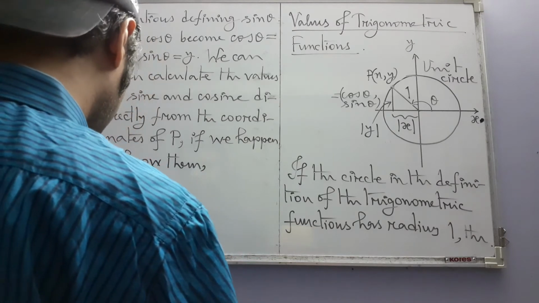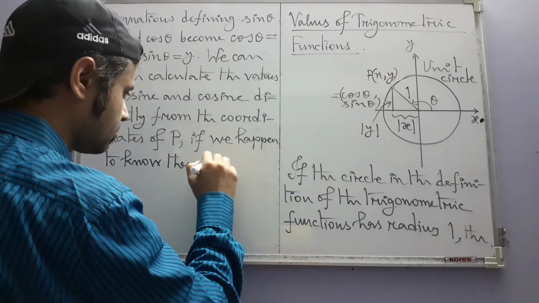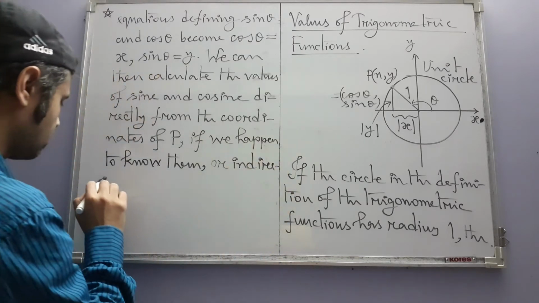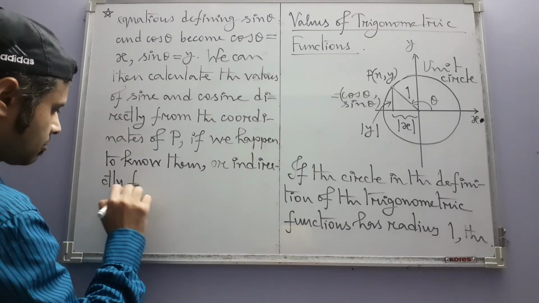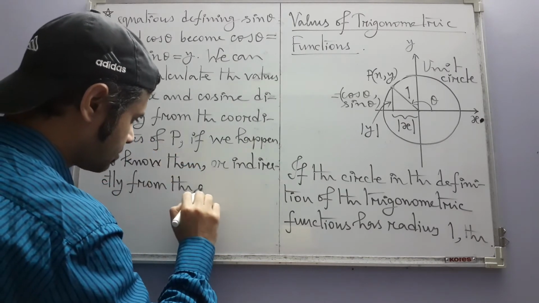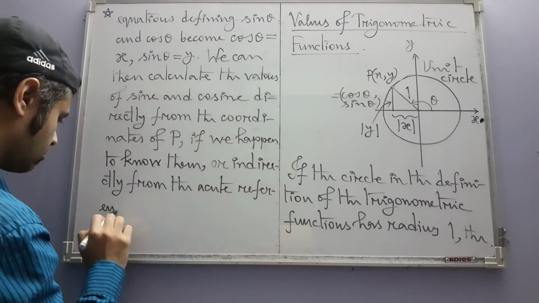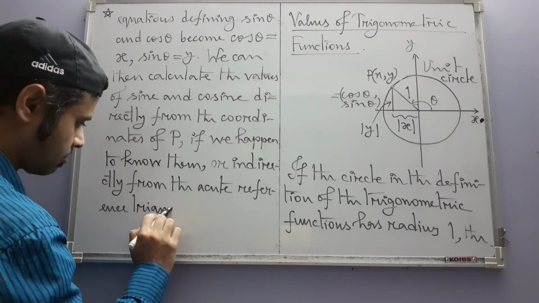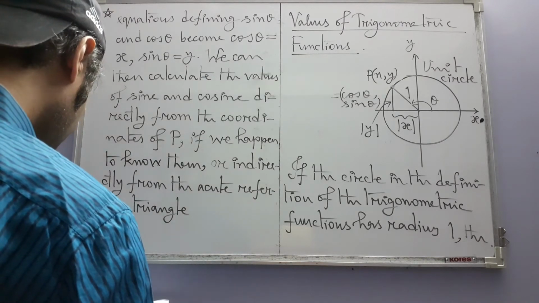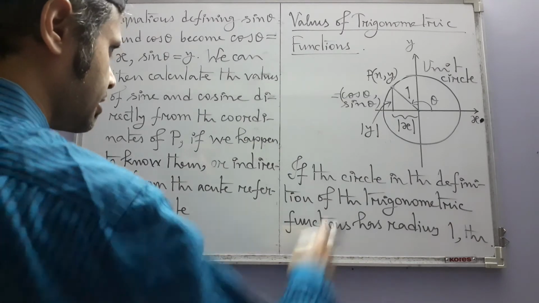Indirectly, from the acute reference triangle, this reference triangle, made by dropping a perpendicular from P to the x-axis, this thing.